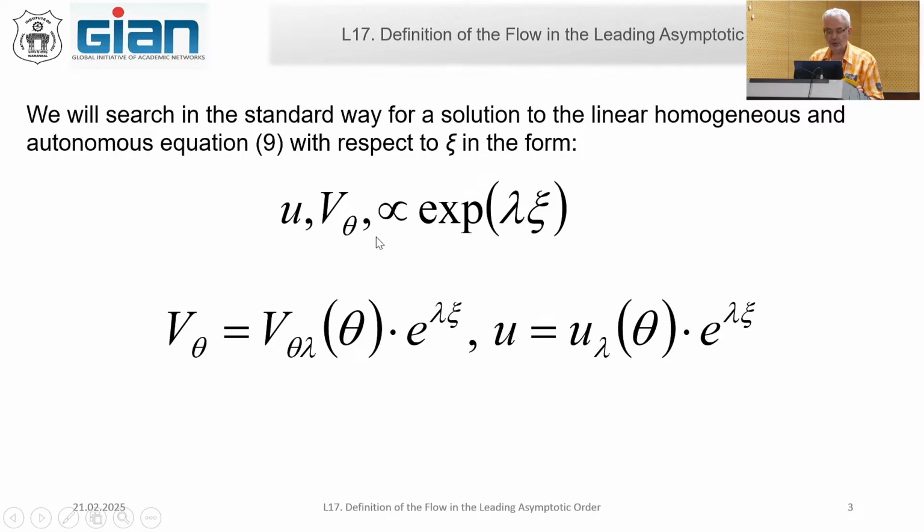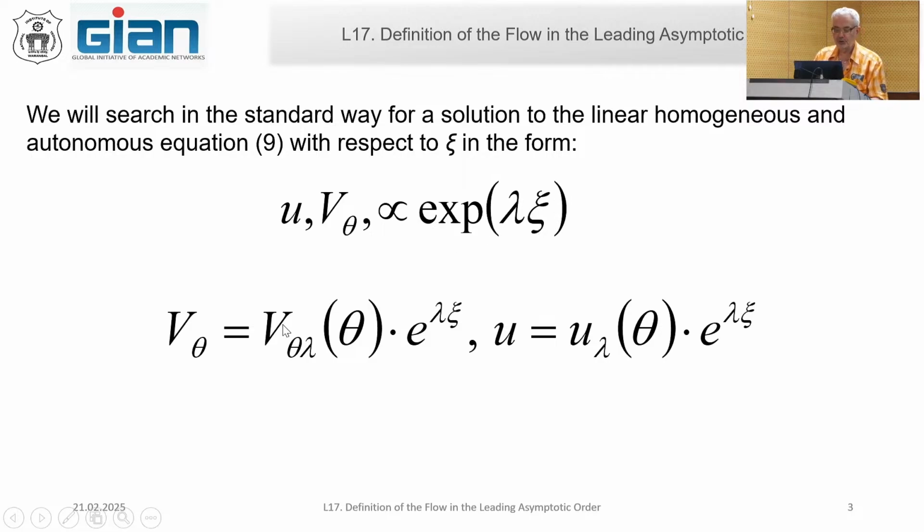It's the classic thing for this condition: this small u, which we are looking for, and the theta component of the velocity are all proportional to the exponent of some eigenvalue lambda times the z component.